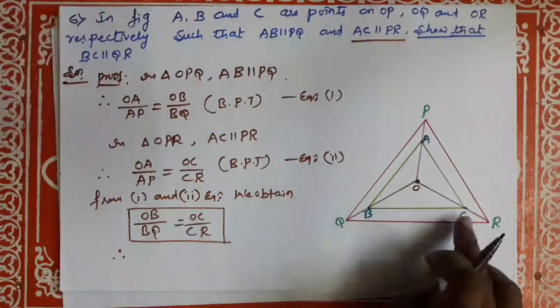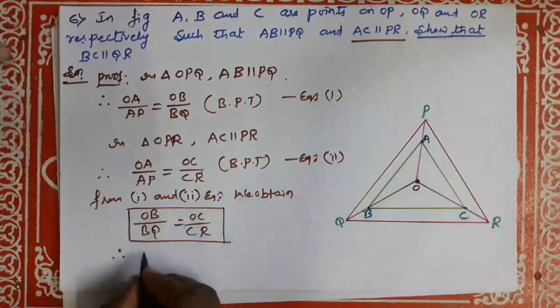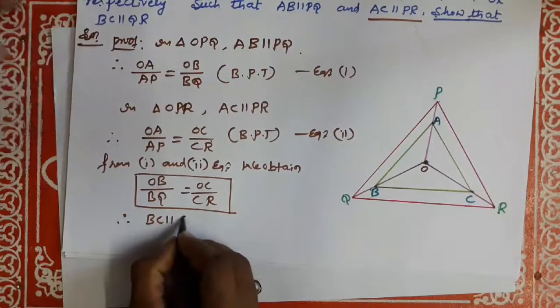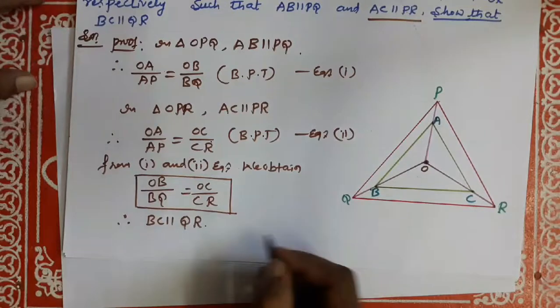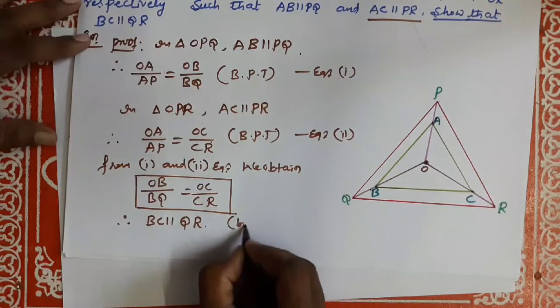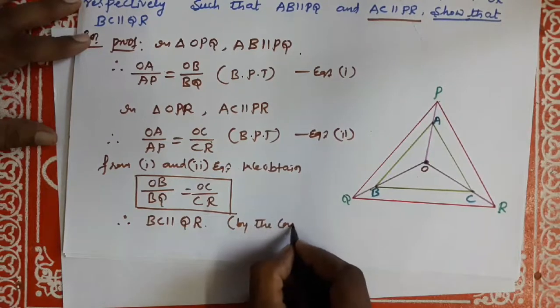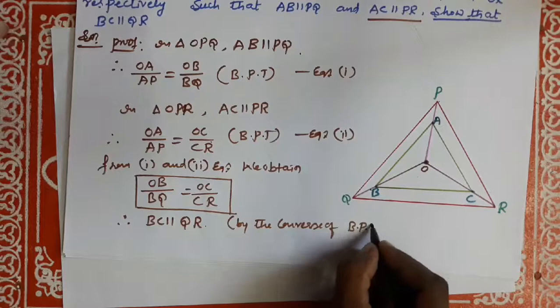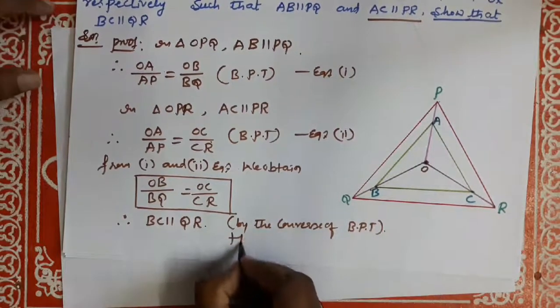Therefore, BC is parallel to QR by the converse of the basic proportionality theorem.